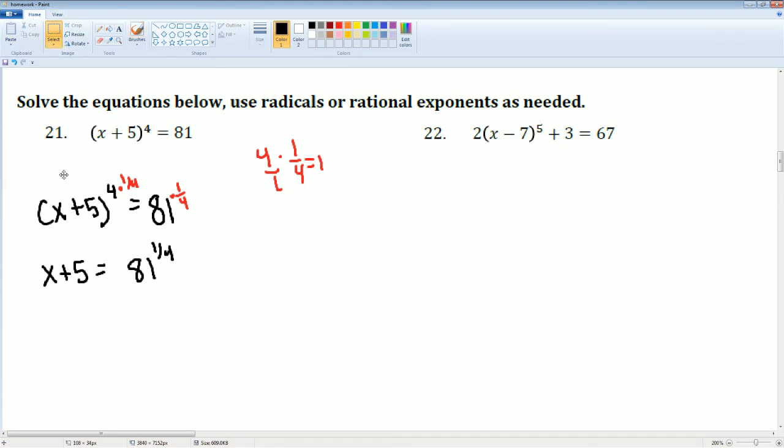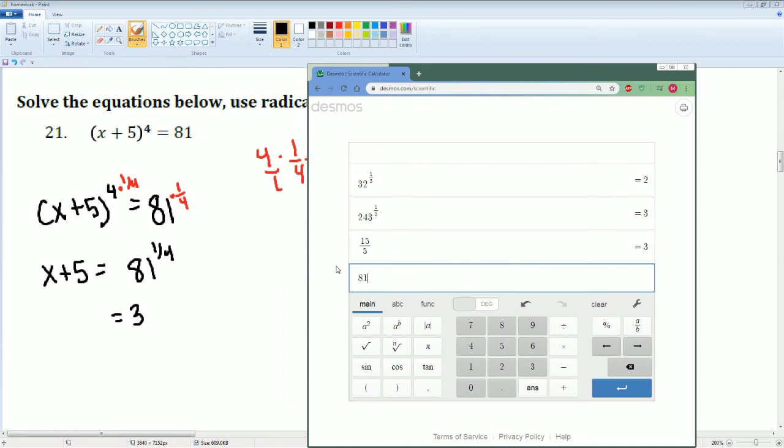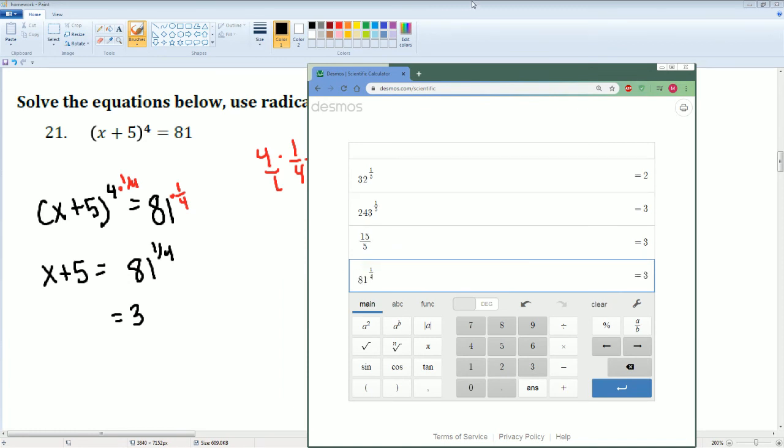So, okay. You could use a calculator for this. 81 to the 1/4 power. Okay, so this in the calculator is equal to 3. Do you want to believe me or do you need me to throw up Desmos? Okay, guess you don't trust me. 81 to the 1/4 power, that's 3. Okay.